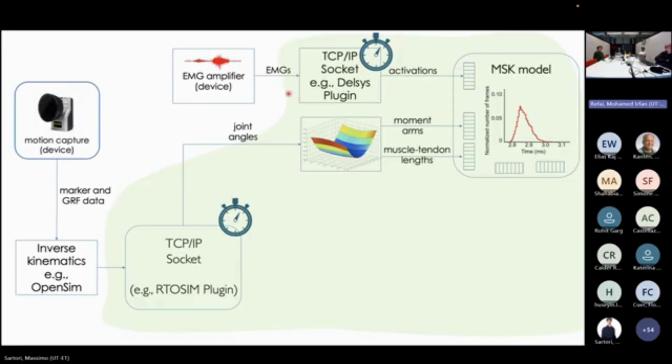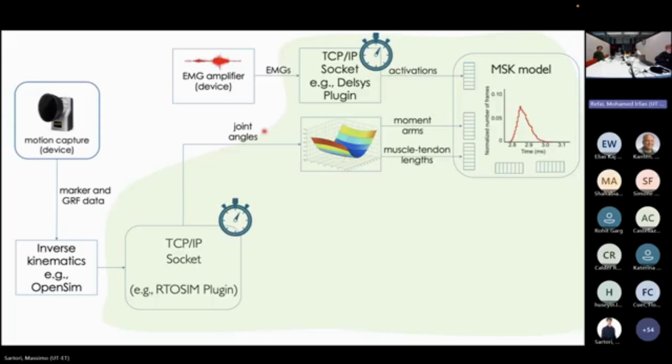The EMG provides EMG information, and the motion capture system provides joint angles. The plugins essentially feed EMG and joint angle data to the core of CEINMS, which is represented by a musculoskeletal model and a spline module.